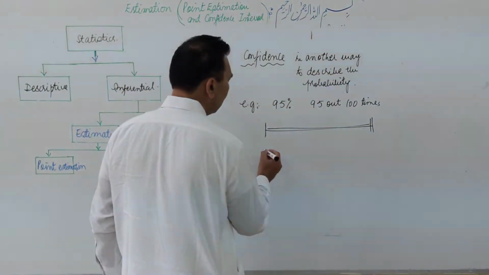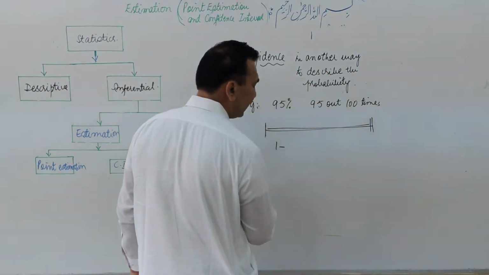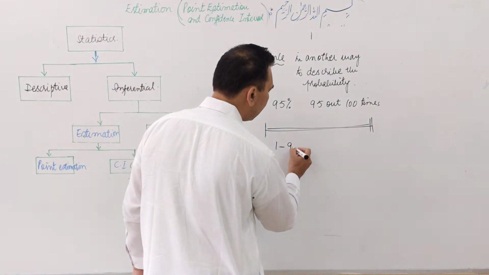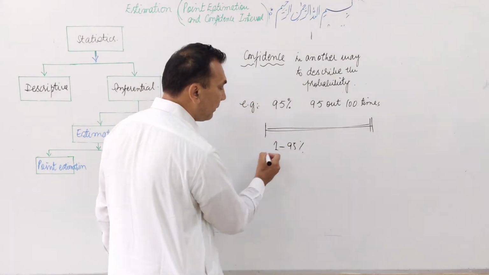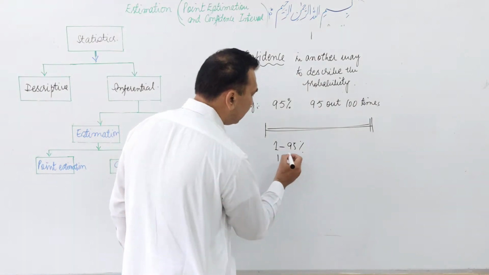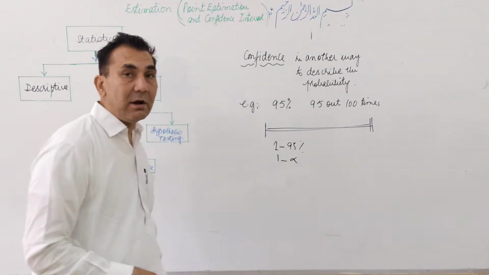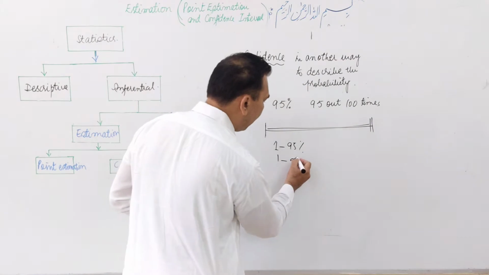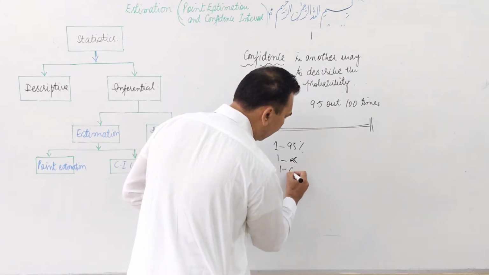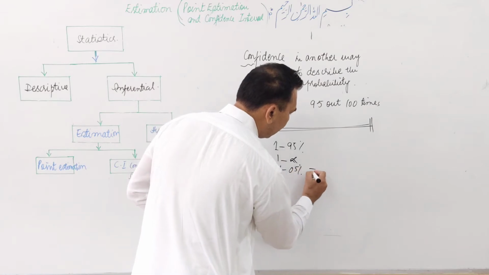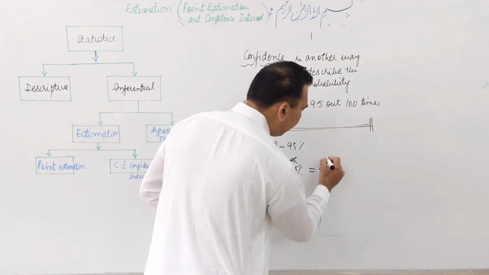Now, if you subtract this 95% confidence from 1, you get alpha, the significance level. Suppose alpha is 5%, then you will have a 95% confidence interval.